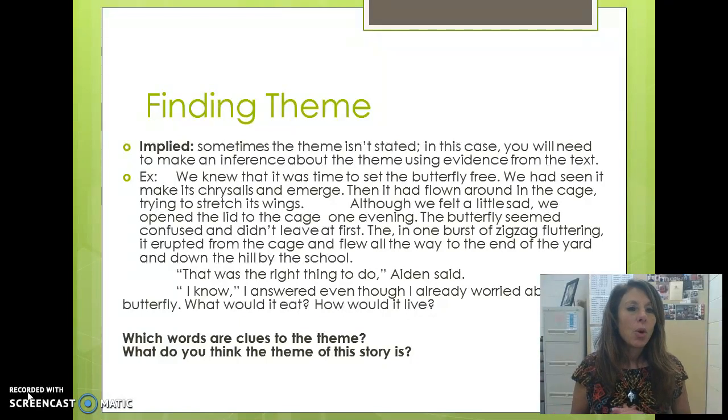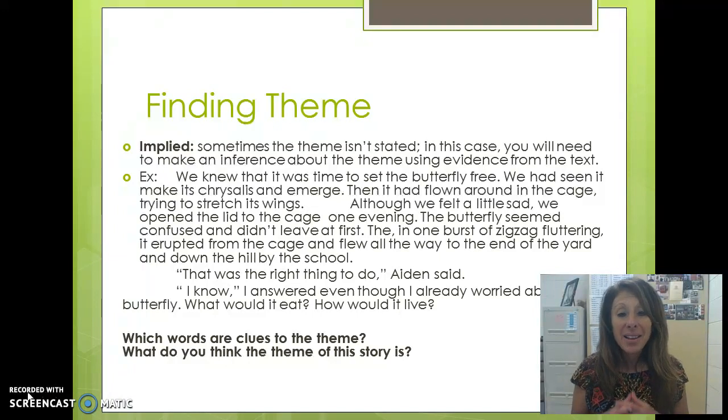So example, we knew that it was time to set the butterfly free. We had seen it make its chrysalis and emerge. Then it had flown around in the cage trying to stretch its wings. Although we felt a little sad, we opened the lid to the cage one evening, and the butterfly seemed confused and didn't leave at first.